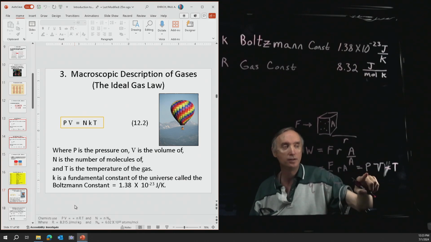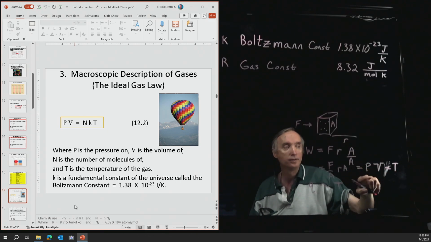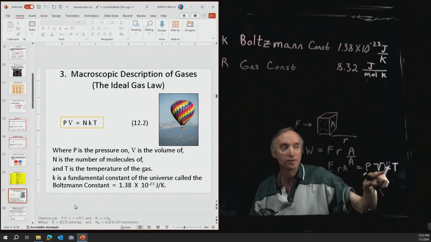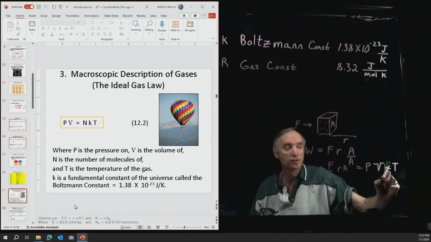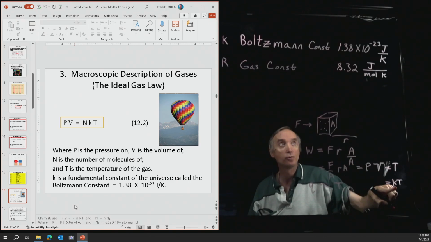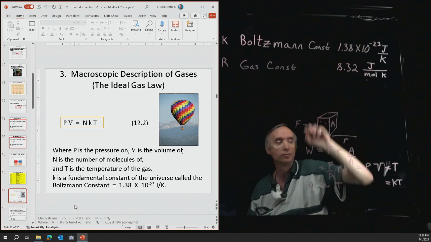So now we have PV is proportional to the temperature. This is the energy that's going in, and this is what the energy is doing. Then let's put in the constant of proportionality so that this is an equal sign. So this is going to be equal to KT. This is the constant of proportionality, which is called the Boltzmann constant, and that's this number up here.